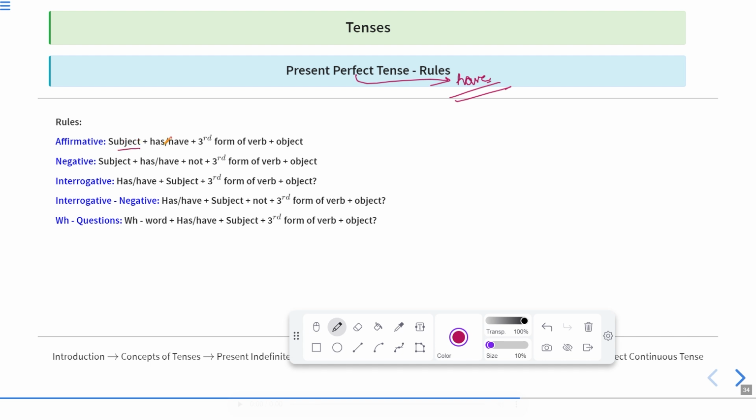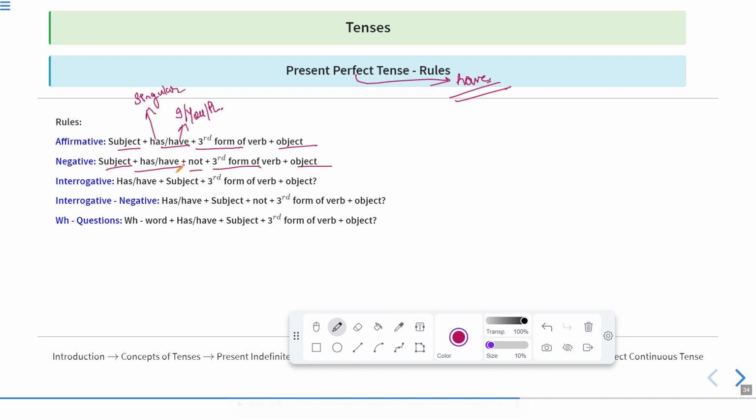Affirmative: subject plus has or have plus third form of the verb plus object. For negative: subject plus has or have plus not plus third form of the verb plus object. Now here, one thing we should keep in mind: if the subject is I, you, or plural, we will use have, and for any singular subject, we use has.